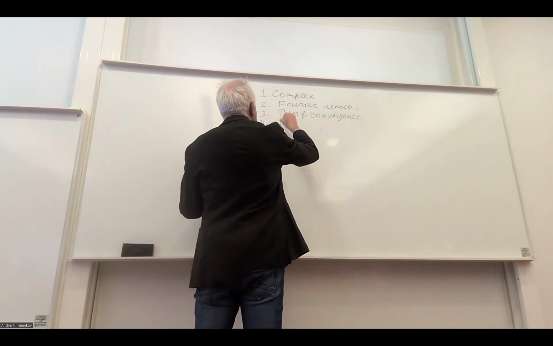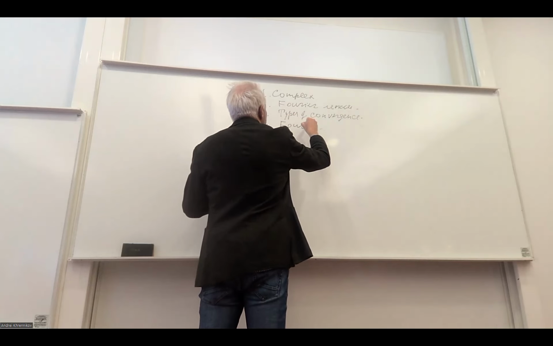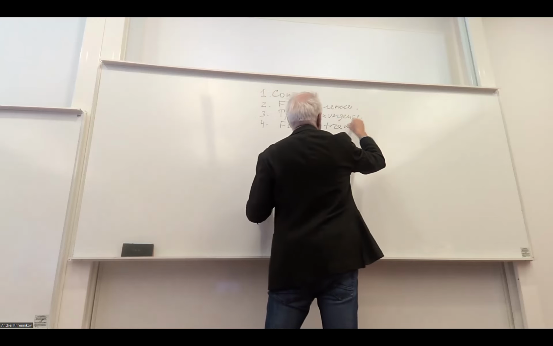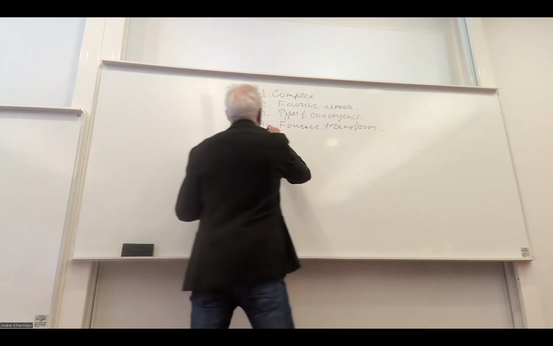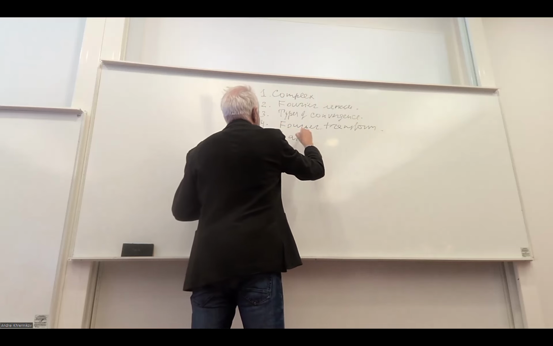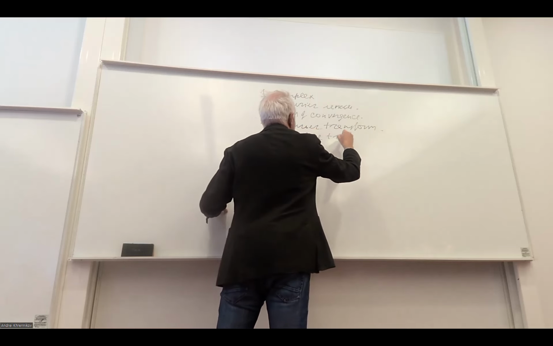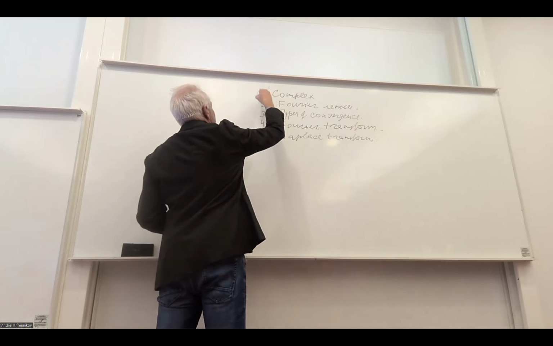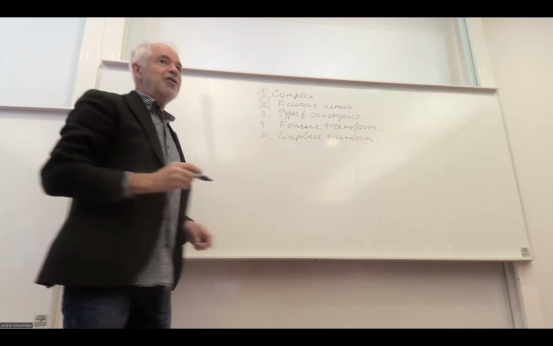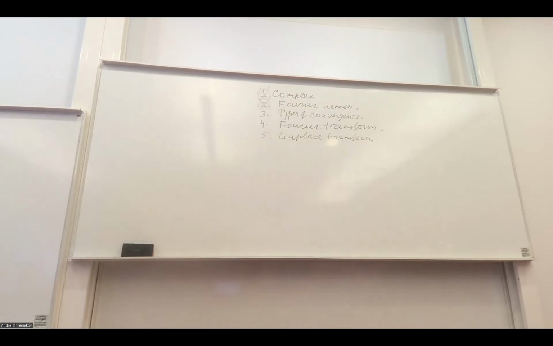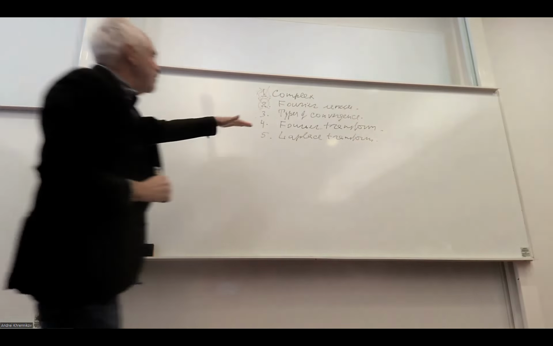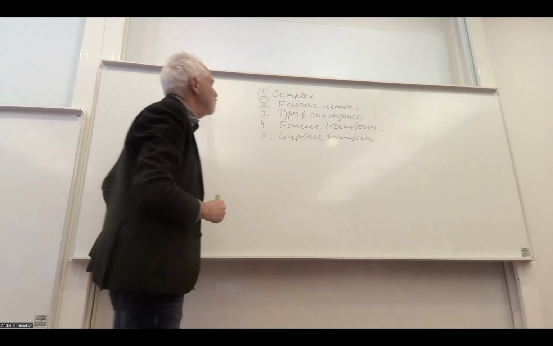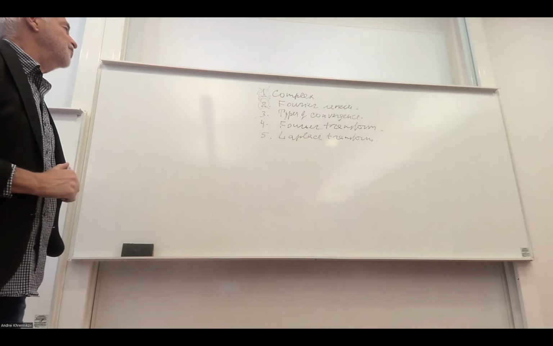Then we should study the Fourier transform by itself, a very delicate thing, and finally the Laplace transform. Now this we finished, and now we are on the third point. After 4, 5 is more or less the same. The Laplace transform is very similar to the Fourier transform.